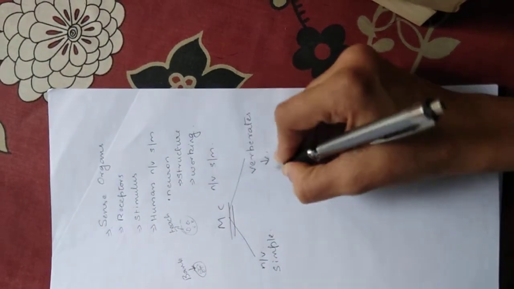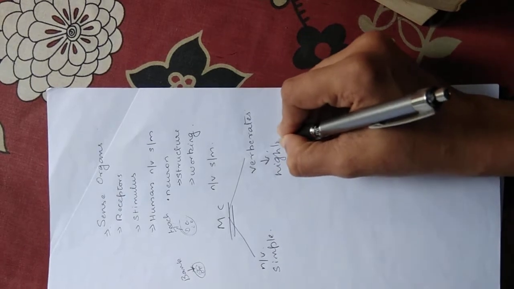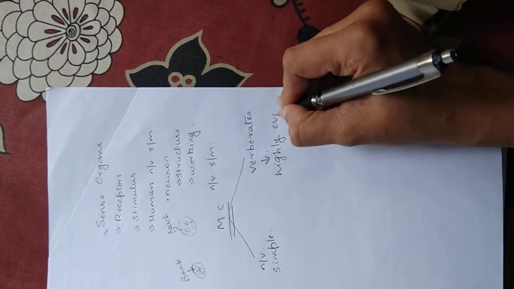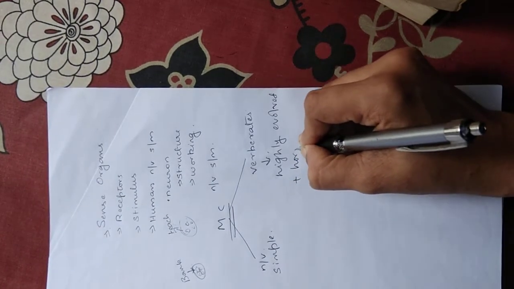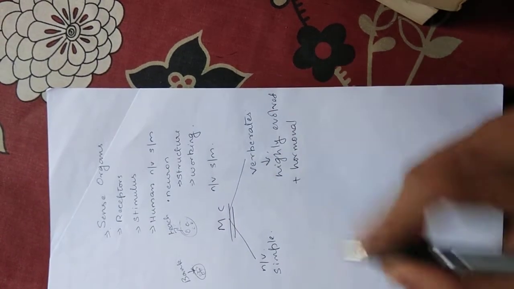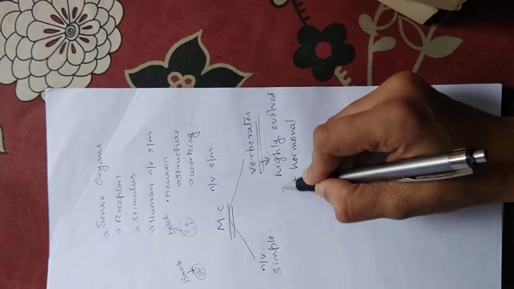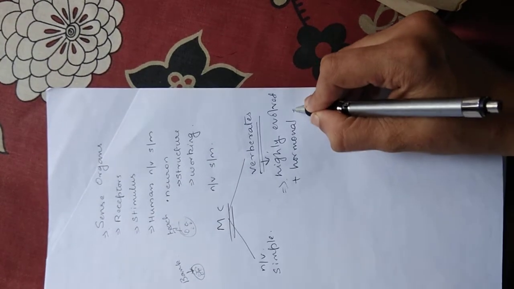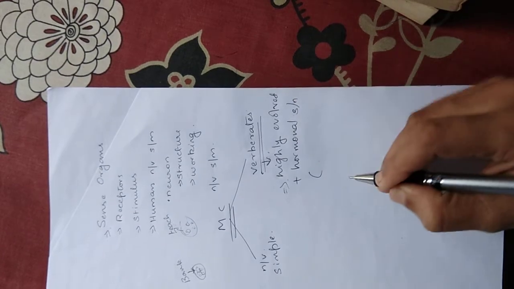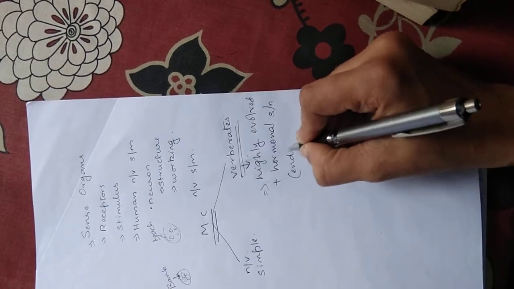They have a highly evolved nervous system as well as a hormonal system. In vertebrates, there is the nervous system as well as the endocrine, or hormonal, system. The other name of the hormonal system is the endocrine system.